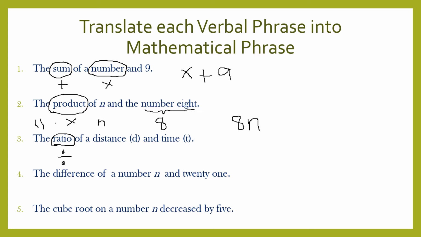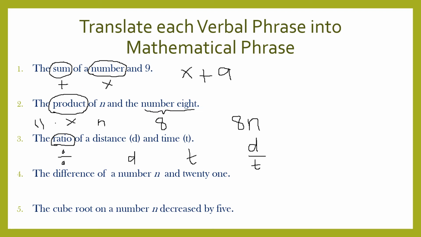The ratio of a distance, d. We have distance represented by d and the time represented by t. So, in order to get the ratio, we need to divide d and t. Writing this into a mathematical phrase, we have d over t, or d divided by t. That is the ratio of the distance and time.